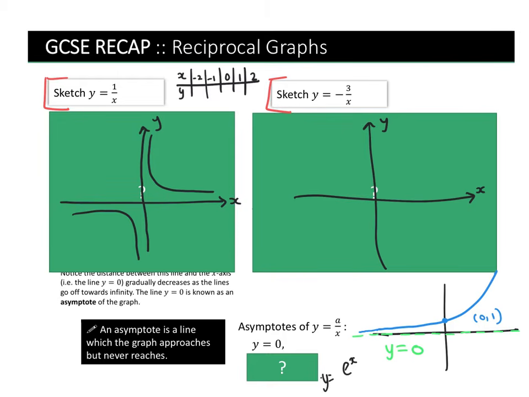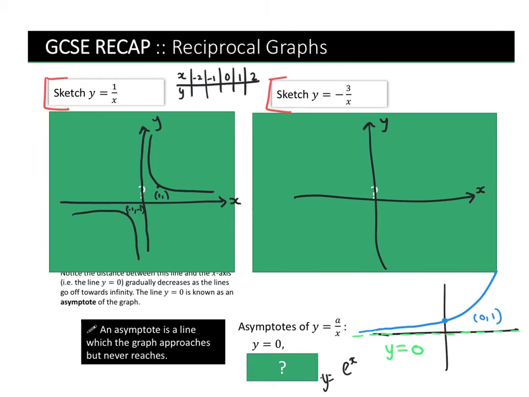Now, am I right in saying that for 1 over x, this is a point here? What is this point? So this point is 1, 1, and this point is minus 1, minus 1.